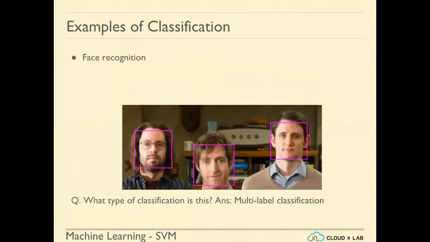And the face recognition, is it multi-class or multi-label? In a photo there can be three persons, or multiple things, so yes, it is a multi-label classification.